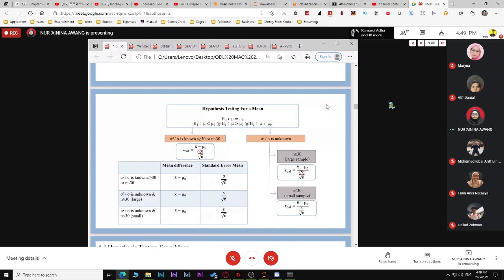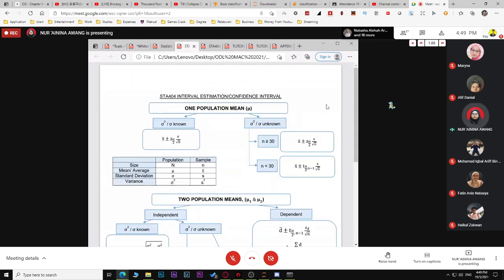Okay, so the same in this case, if the question asks you to find the mean difference, the mean difference is on the top. Okay, what is on top is your mean difference. For the bottom, it is your standard error mean. So the formula is still the same, only the position is different compared to this one.